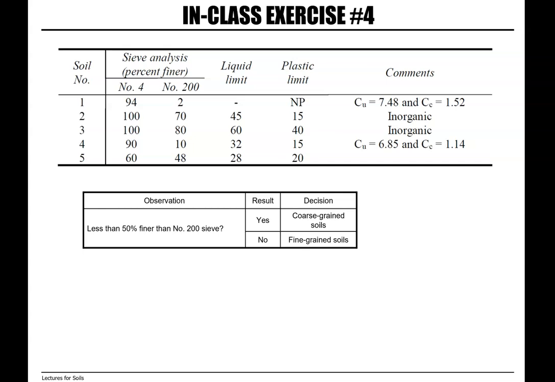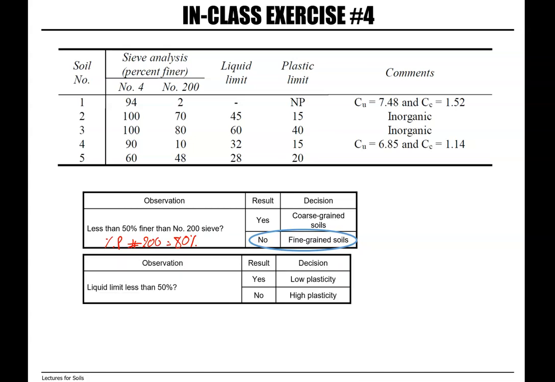Soil number 3, percent passing from sieve number 200, 80%. The answer to the question is no, we have a fine-grained soil. So in the next step, we need to look at liquid limit.